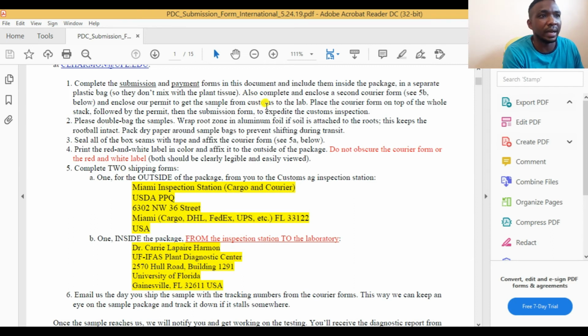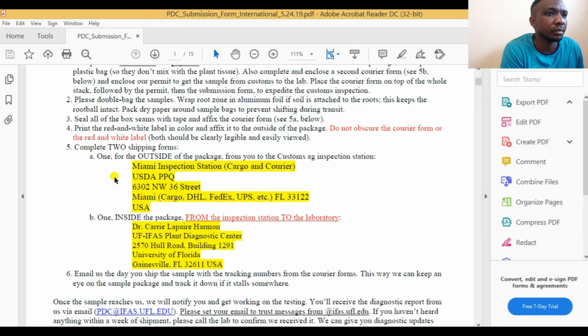That is why they say right here: complete two shipping forms. One for the outside of the package from you to customs ag inspection station, and then one inside the package from inspection station to the lab, right?